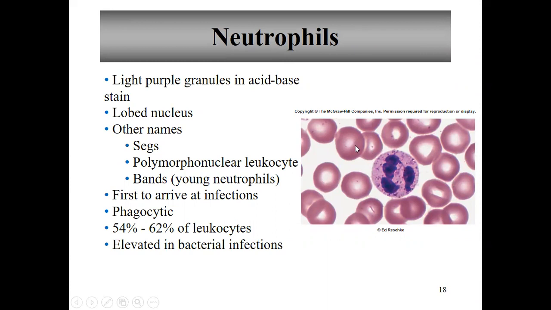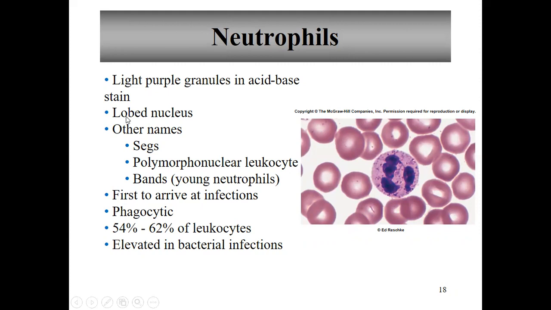And that purple color is not because the cell itself is purple. Obviously, it's white, right? Because it is a white blood cell. What turns it purple is the acid-base stain that is used in the fixing of the cells. So they stain the cells so that the cells can be more easily seen on a slide.